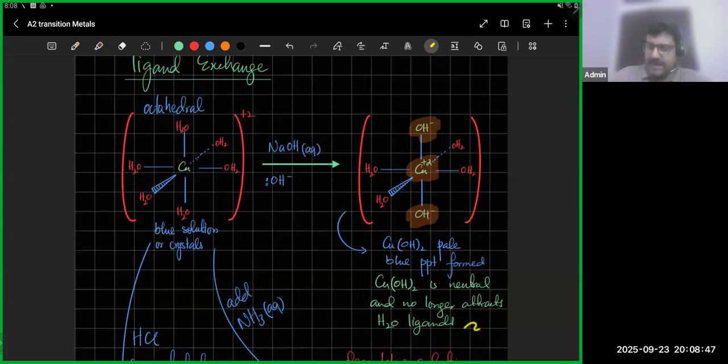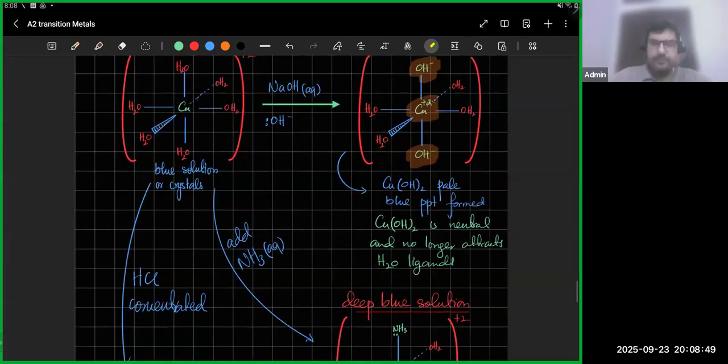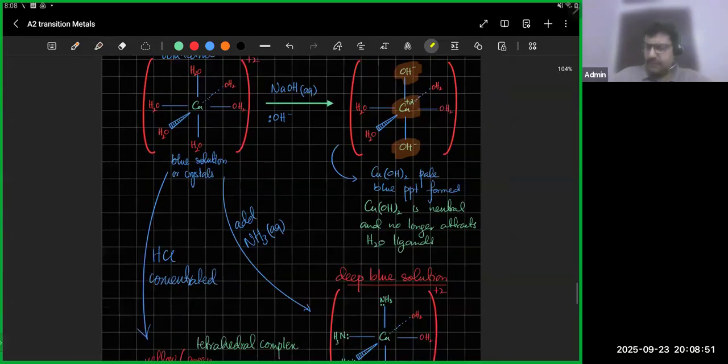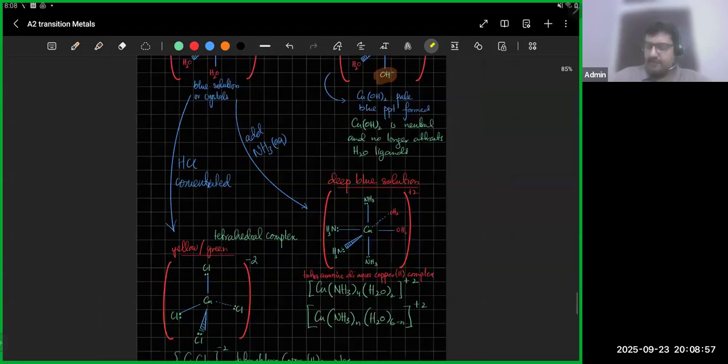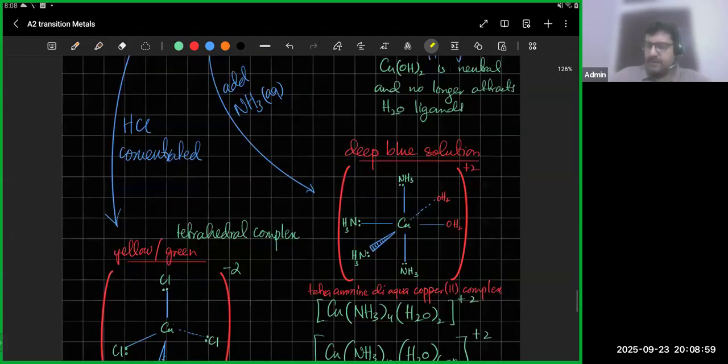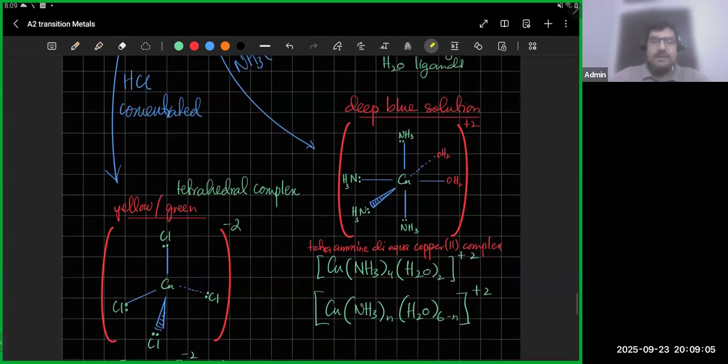Then I told you that you can add NH3. When you add NH3 aqueous, the copper will be surrounded by ammonia ligands. That number wasn't very specific. You could have 4 NH3 around the copper, or you could have 5 NH3.